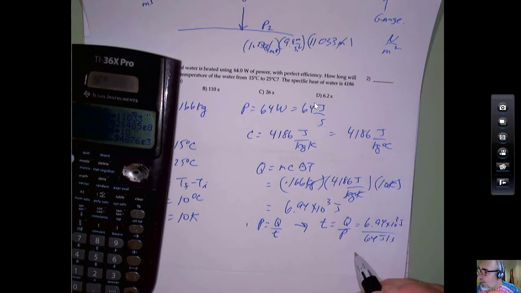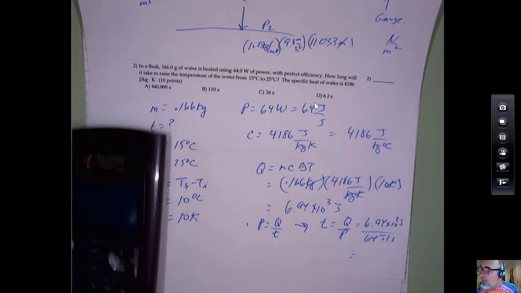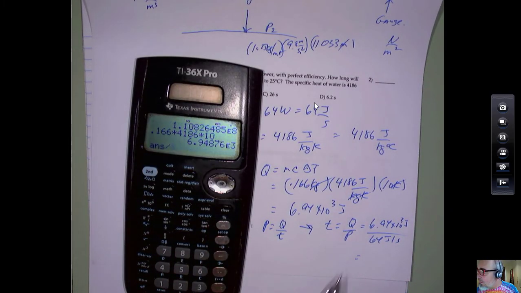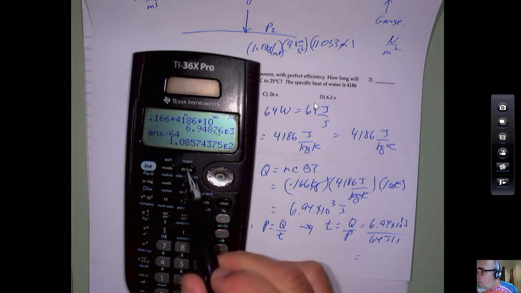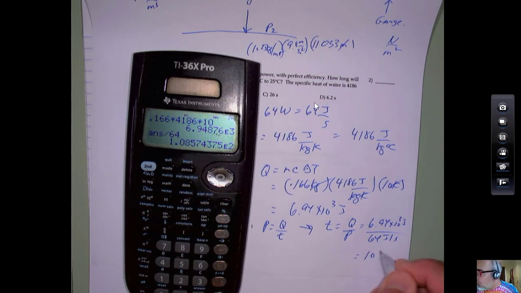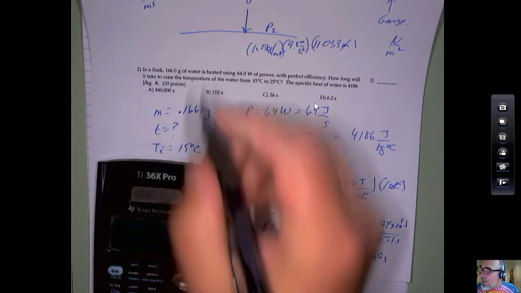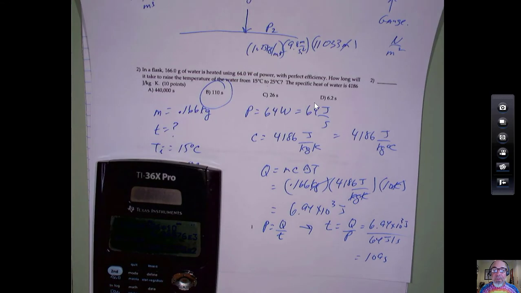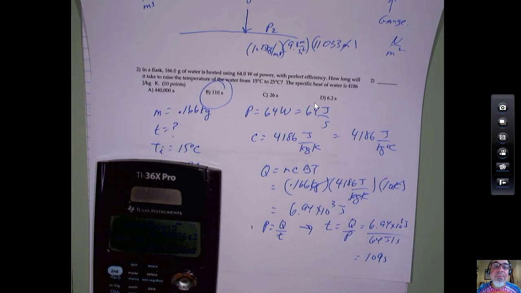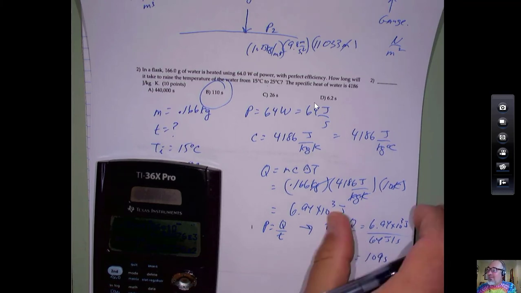So this will tell you how many seconds. I still have that on my calculator, divided by 64. So about 108 seconds. Okay, so round it up to 110. Okay, good. So you'll see some sort of problem with this idea of specific heat. All right, good.